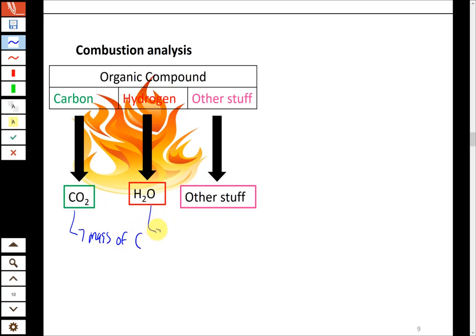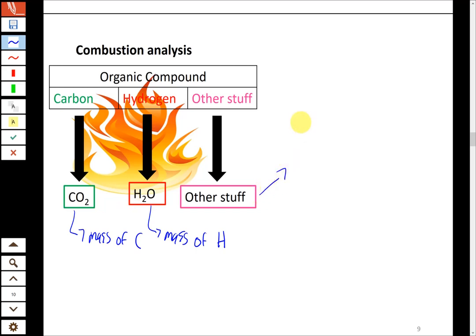We're going to use the H2O that forms to find the mass of hydrogen. And then if there's other stuff in the compound, we can always get the mass of carbon and the mass of hydrogen, or the moles of each, using how much CO2 and water forms during the combustion reaction. But then if there's other stuff besides carbon and hydrogen, that's going to be found by difference.